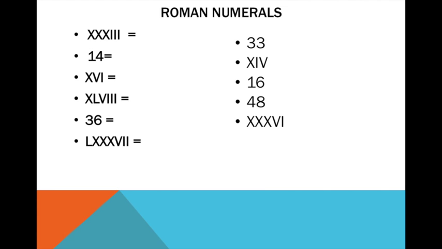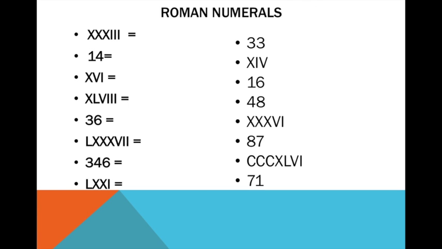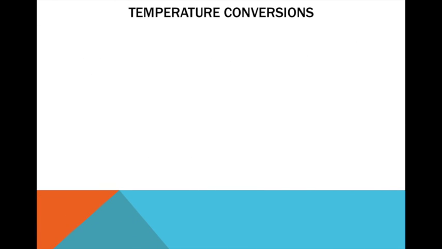LXXXVII is 87. 346 is CCCXLVI. LXXI is 71. And if you need help going over the Roman numerals, feel free to go ahead and watch the Roman numeral video, and I'll put that in the link below.